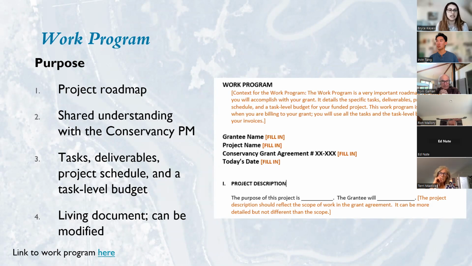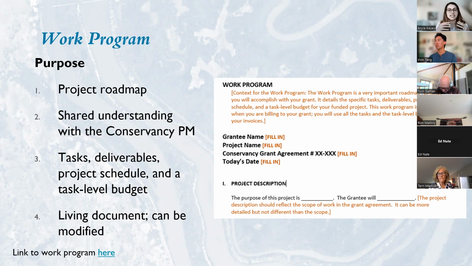Generally we have 4 tasks for a project. First is project management. This is any kind of grant management that you have for your project. That would include any meetings with your project manager. It could be writing any invoices or progress reports necessary as part of your conservancy grant.